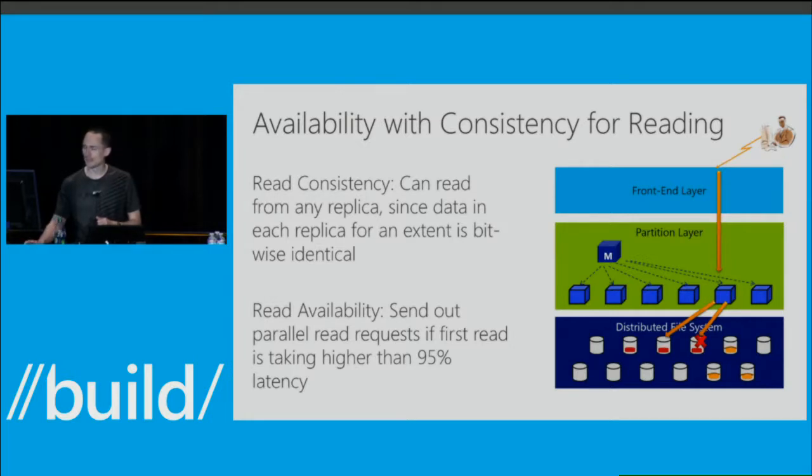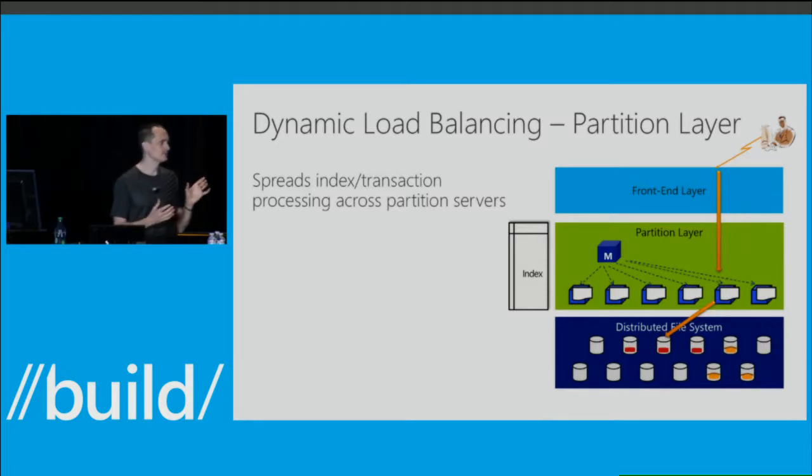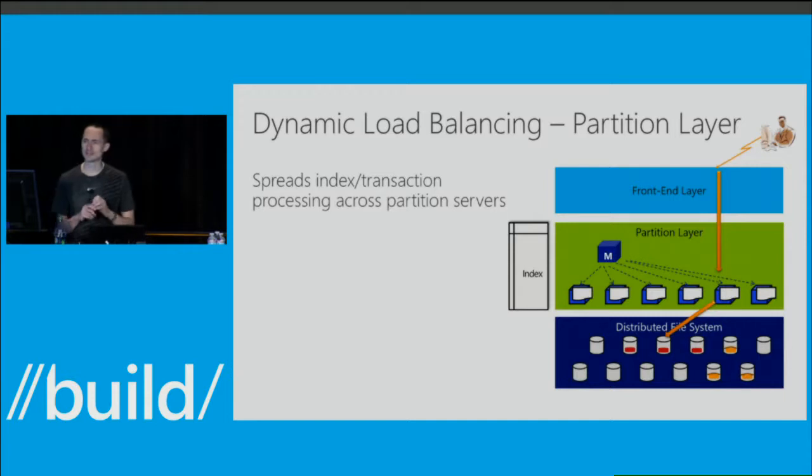Okay? Now, the next thing I want to go through to wrap up this internals part is how we do load balancing at the partition layer and the DFS layer. For the partition layer, what we're really trying to do with load balancing is to balance out our TPS to that big index. So you're doing transactions against your table entities or your blobs, and we want to load balance that out across this index.